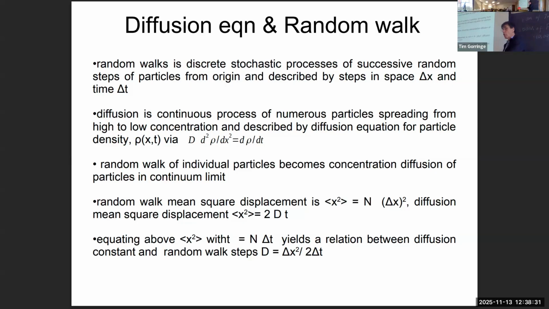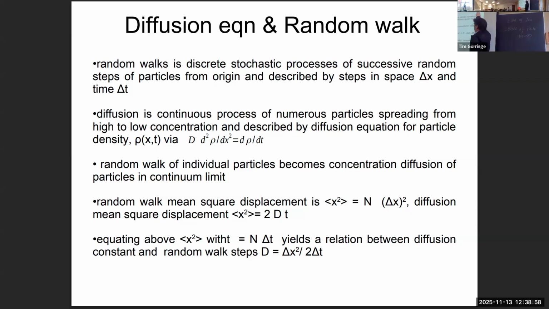So the random walk work that we did with individual particles and the diffusion work that we're going to be doing with either heat or concentrations of particles are really just different ways, macroscopic and microscopic, of looking at the same thing. And in that context, it's interesting to think about specifically how the two are related.